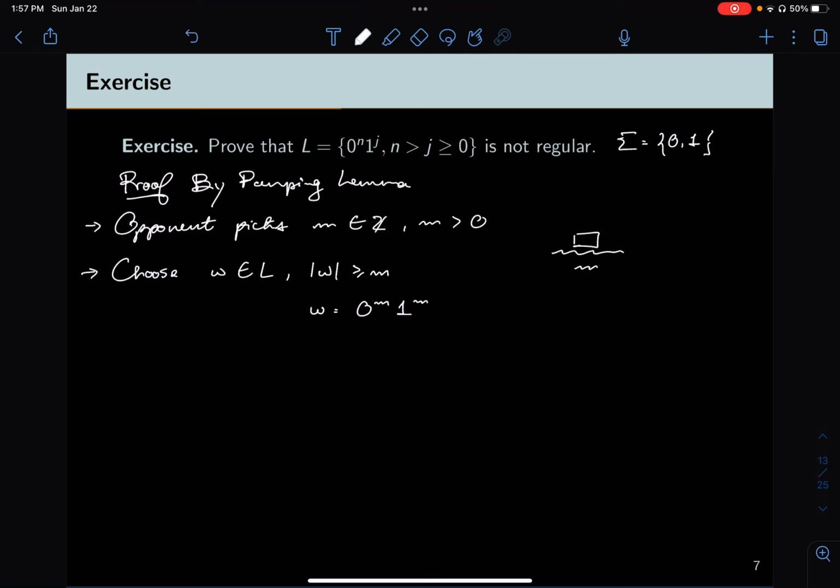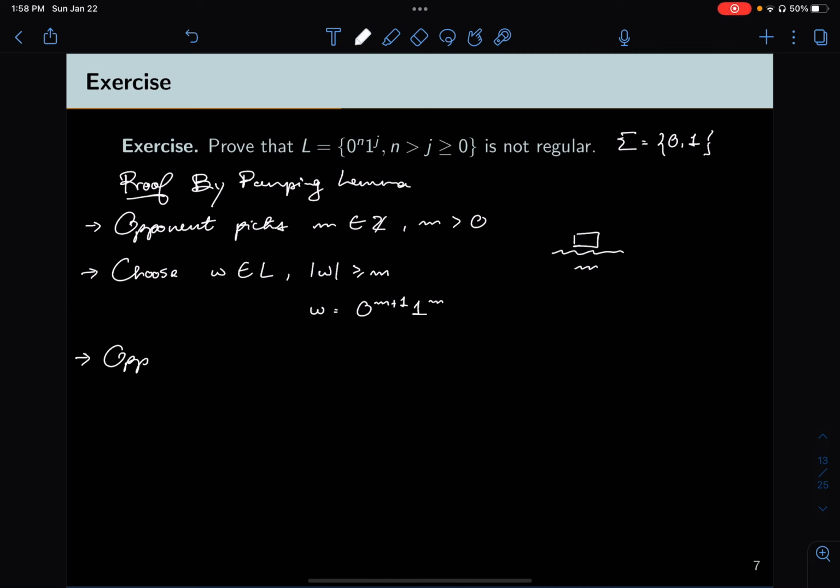But now we need the number of zeros to be strictly greater than the number of ones. To do that, we can just add an extra 1 to the number of zeros. You're going to see in a second why this matters, and why it couldn't have been m plus 7, let's say. So we pick the string w.